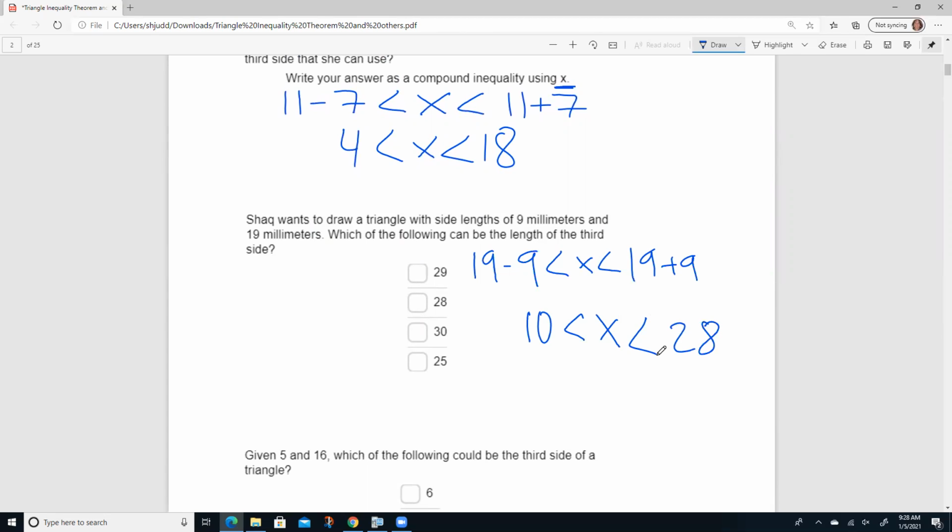So the third side length is somewhere between 10 and 28. Which one of these numbers is between 10 and 28? We know these two are too big. Does 28 count as between 10 and 28? No, it does not. But 25 does. So 25 is an acceptable side length. And that's how Shaq can build his triangle.